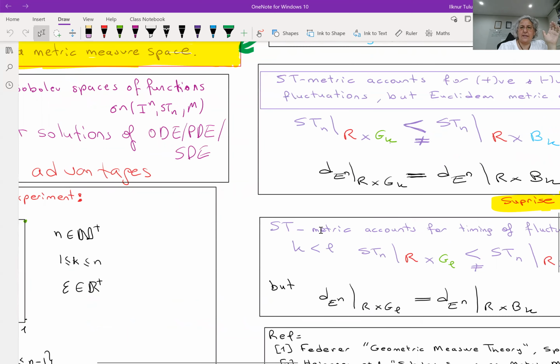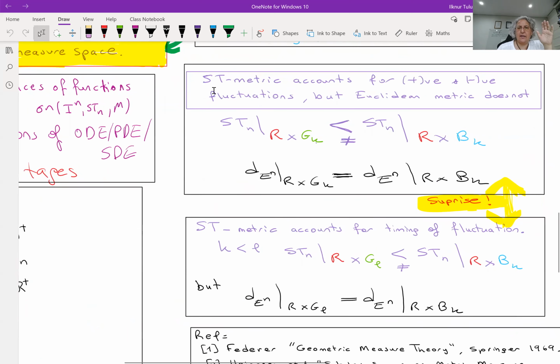So what I'm saying is that I'm looking at the ST metric on a set of points, a Cartesian product of a set of points. Only at the k point, I'm adding an epsilon. Here I am subtracting the epsilon. These two values are not equal. This value is always smaller than this value. If you look at the Euclidean metric, they are the same.